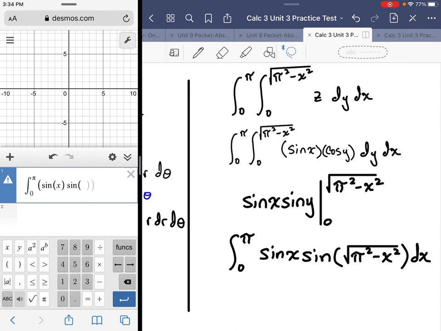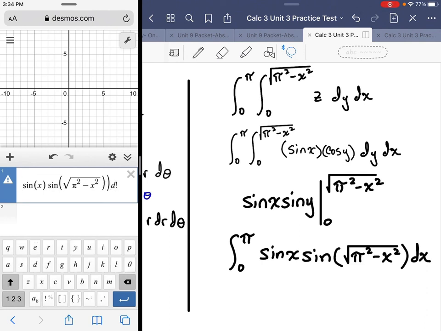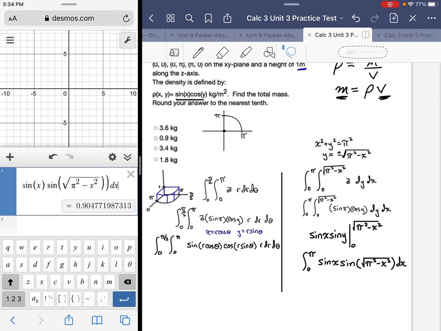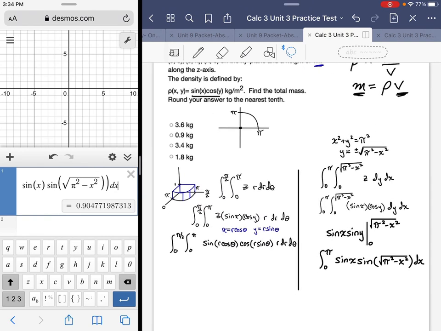Then sine square root pi squared minus x squared. Close it up. Twice. Slap on a dx. Not a d, whatever that was. And you get about 0.9-ish, approximately 0.9, and it's a measure of mass. So kilograms makes sense.